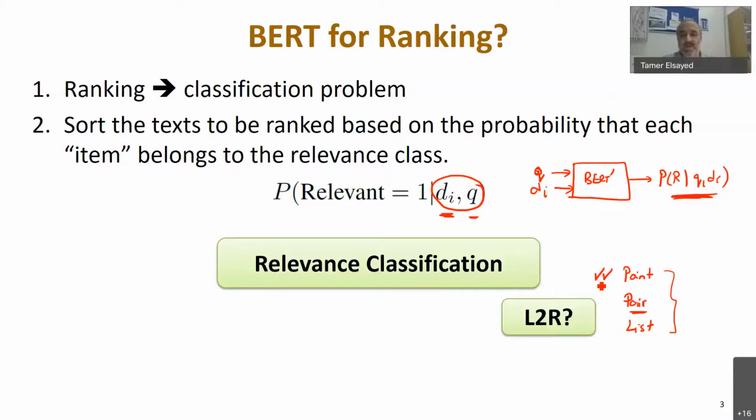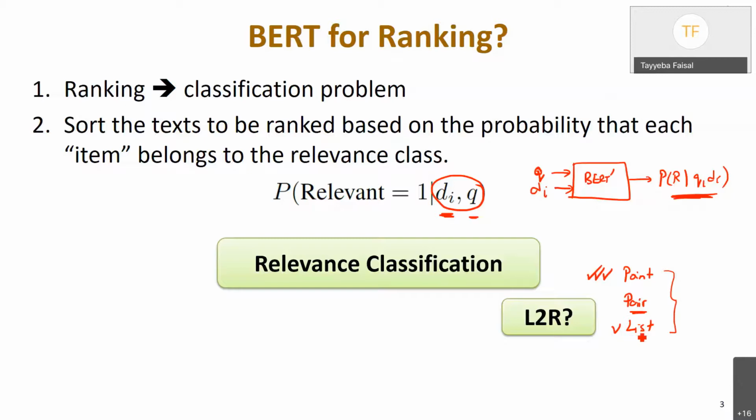Anyone else? It's point-wise. Marina, point-wise. One more vote for point-wise. Okay. Is it list-wise? Because multiple documents. Tayyiba is saying list-wise. Why is that? Because we need to score the documents based on the relevance. Okay, good.